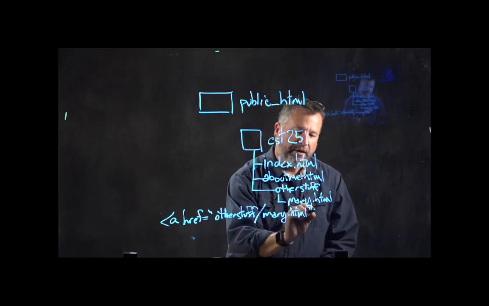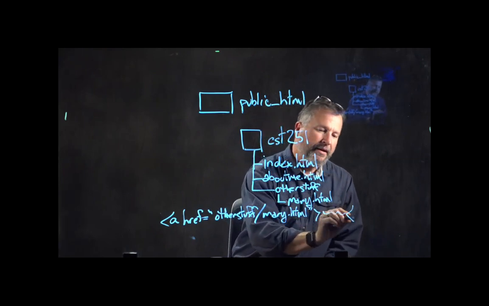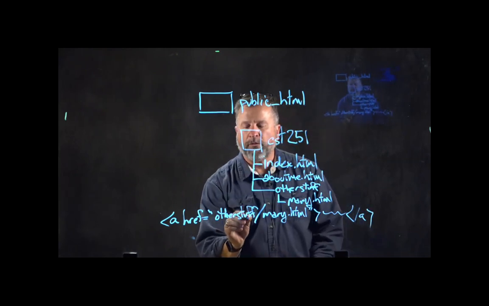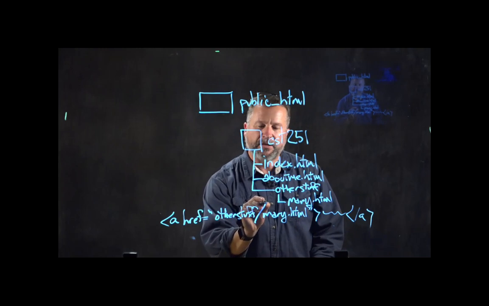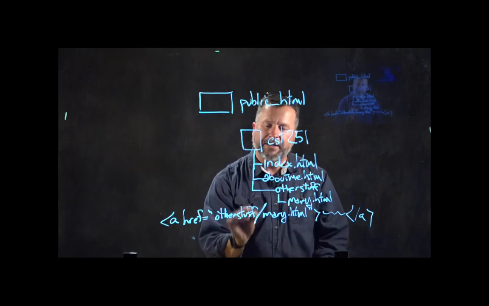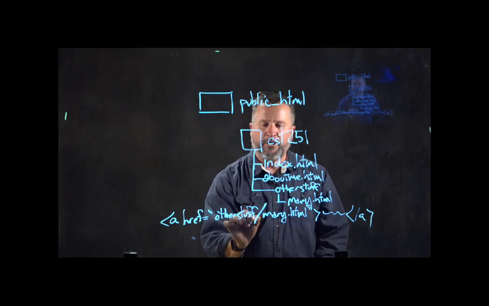And then close it, and then put the link, and then close the tag. So we have to have the name of the folder. The slash means inside that folder, right? So this means a directory listing, or a new directory.